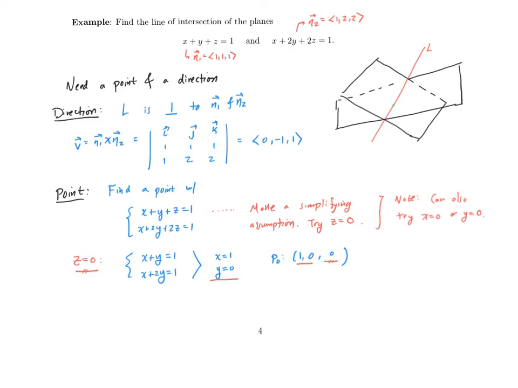So we have the point, we have the direction, we now have the line of intersection. So the line of intersection is given as follows, and I'm going to simply write down the vector form since we haven't been asked for a specific form. x, y, z is equal to the vector represented by the point plus t times the direction, 0, -1, 1.